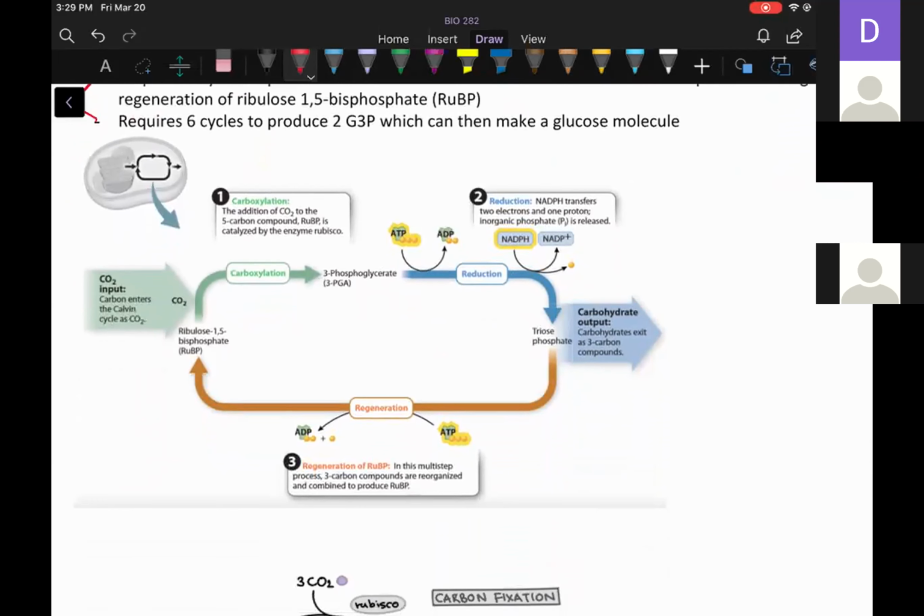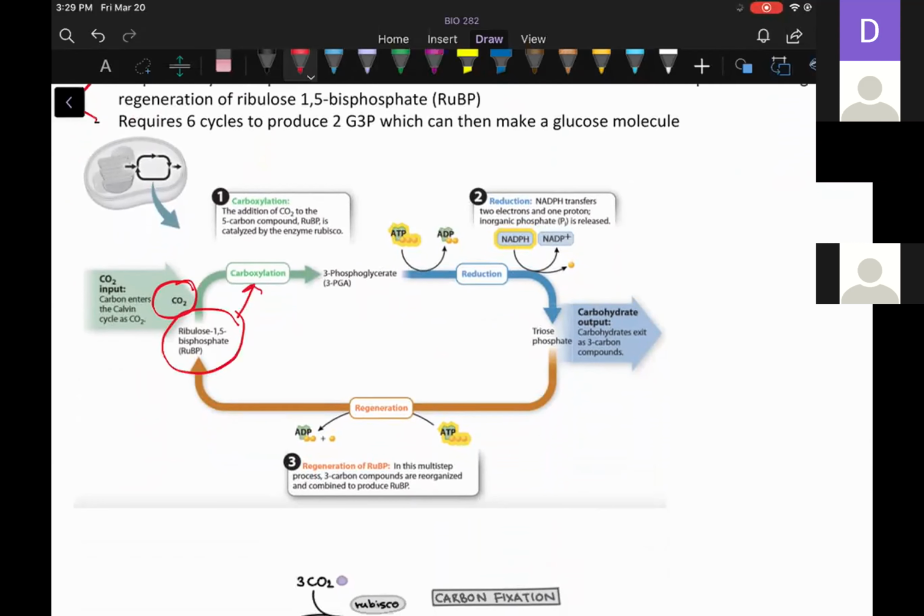So first, we're going to start off with ribulose 1,5-bisphosphate, which is a 5-carbon molecule. And we're going to start off with carbon dioxide as well. This reaction is going to become a carboxylation reaction.